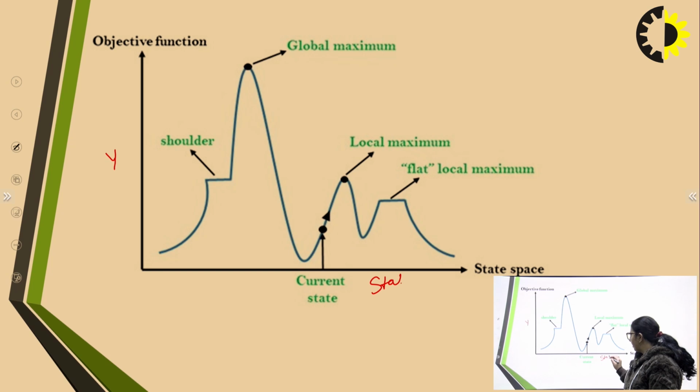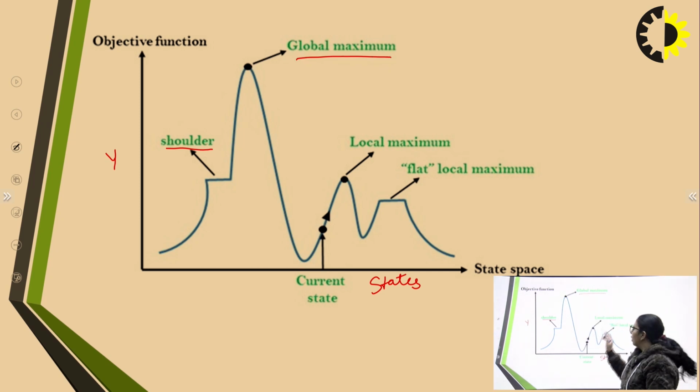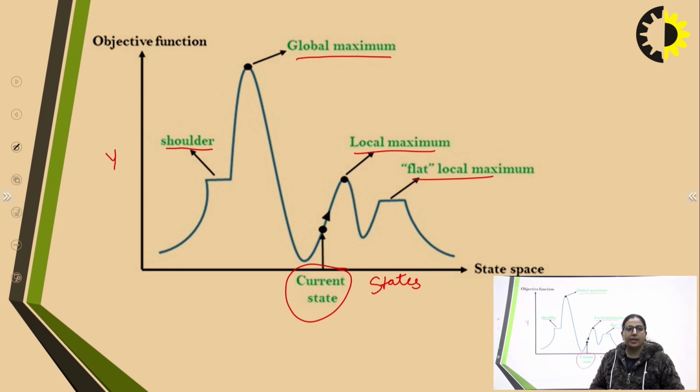This graph represents the state space diagram of the hill climbing algorithm, which contains the following terms: shoulder, which I will explain later, global maximum, local maximum, flat, and the current state. These are the terms that need to be understood while studying the state space diagram of the hill climbing algorithm.